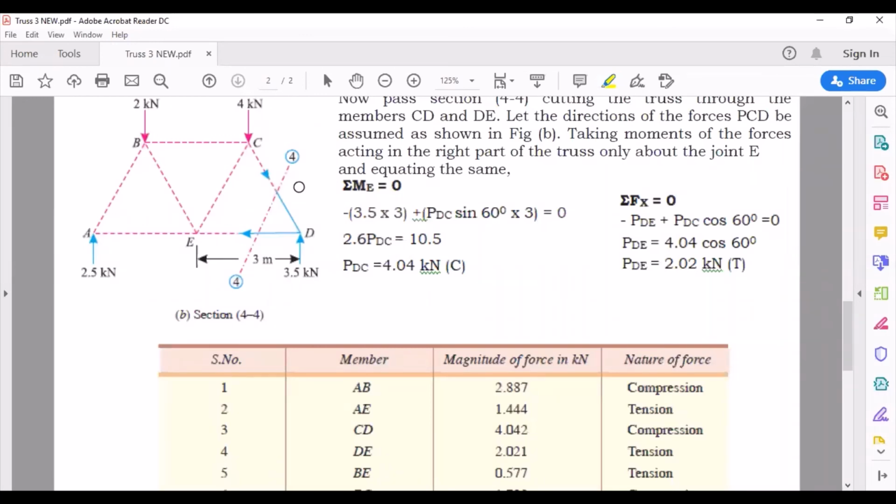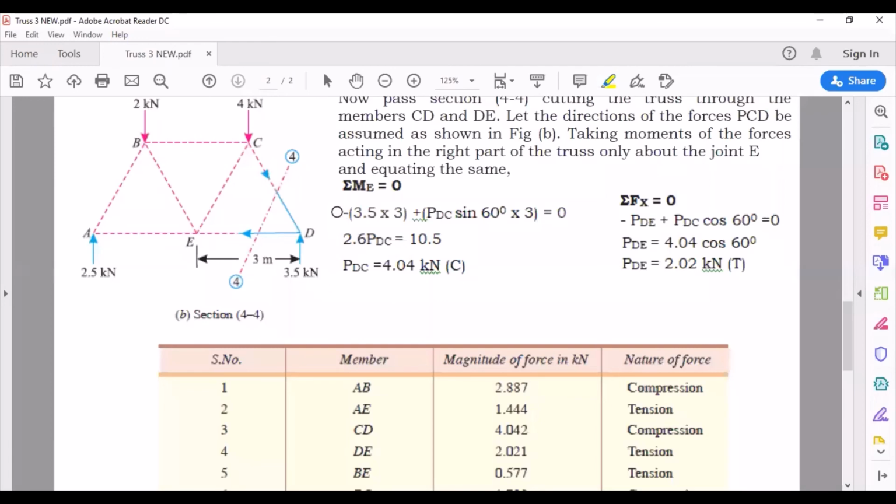Thereby, it is taken as 3.5 into 3 meters. Next, PDC sine 60 into 3 meters. It is causing a clockwise rotation. So this force PDC sine 60 into 3 meters is with a positive sign.